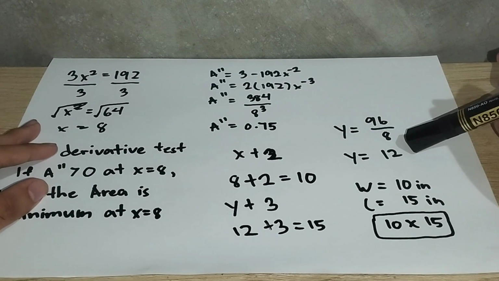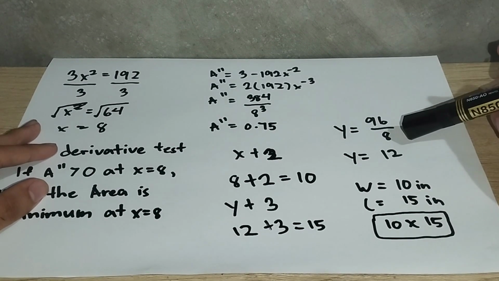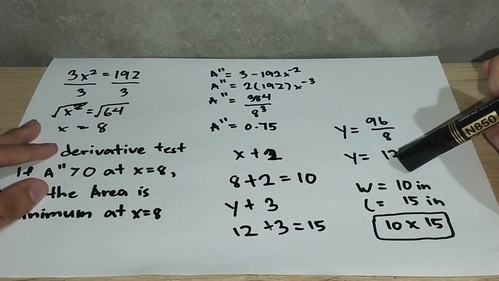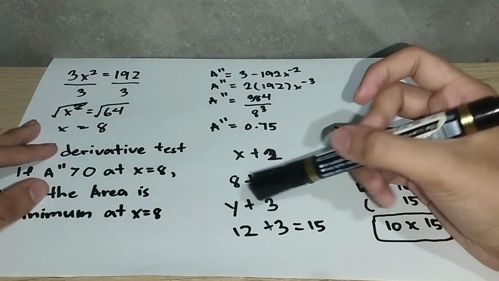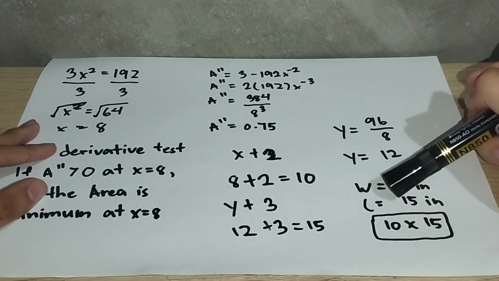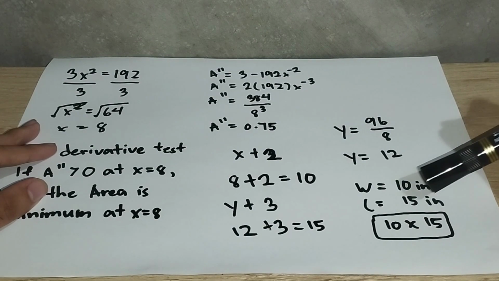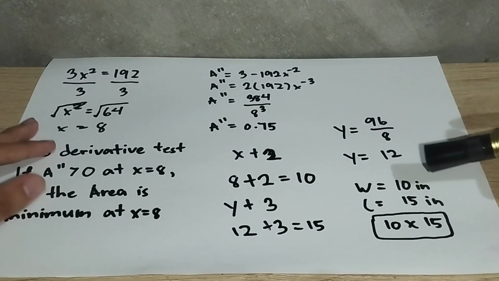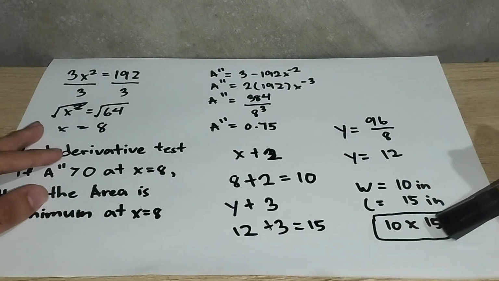Let's substitute 8 to x. Then we got 96 divided by 8 is equal to 12. Now we can substitute 12 to y. So 12 plus 3 is equal to 15. And then our width will be 10 inches, and our length will be 15 inches. Our dimensions will be 10 by 15.